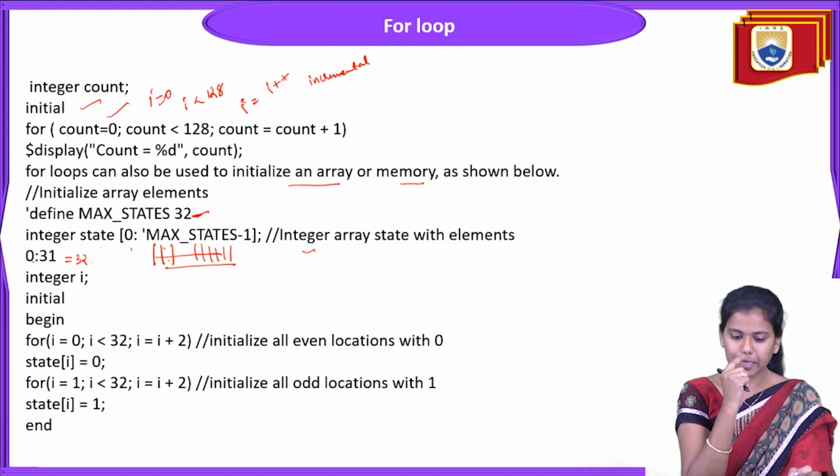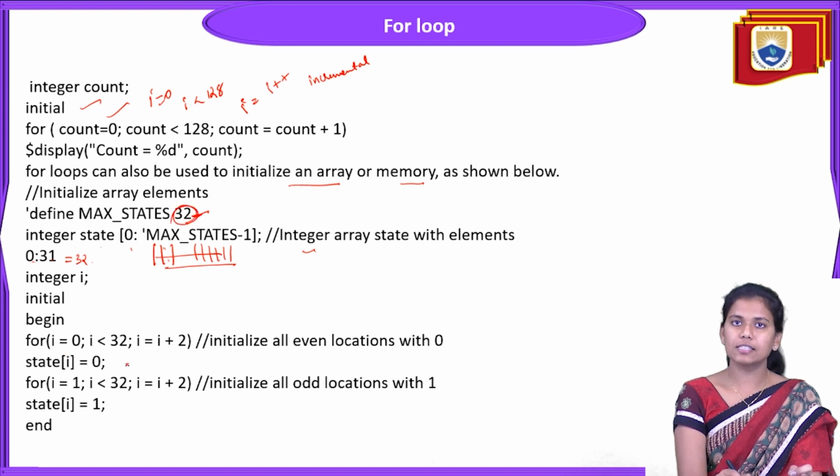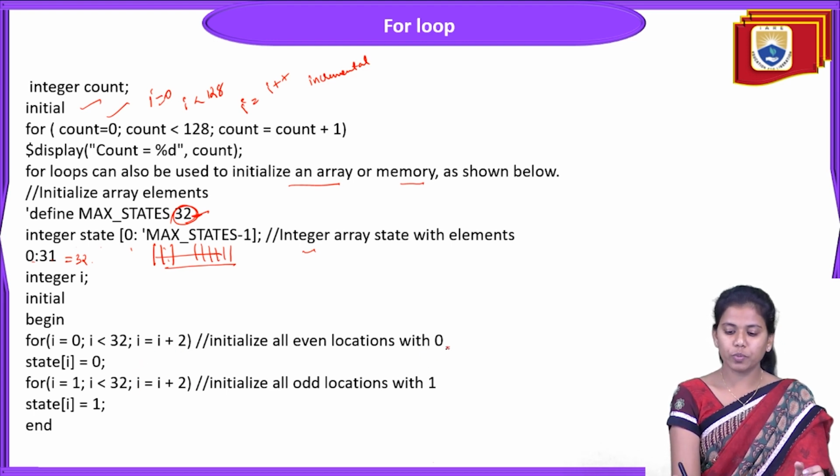And integer i initializing, and then I'm beginning with for i equals 0, i less than how many? 32 states, right? i less than 32, and then i equals i plus 2. So here, all the even locations with 0.